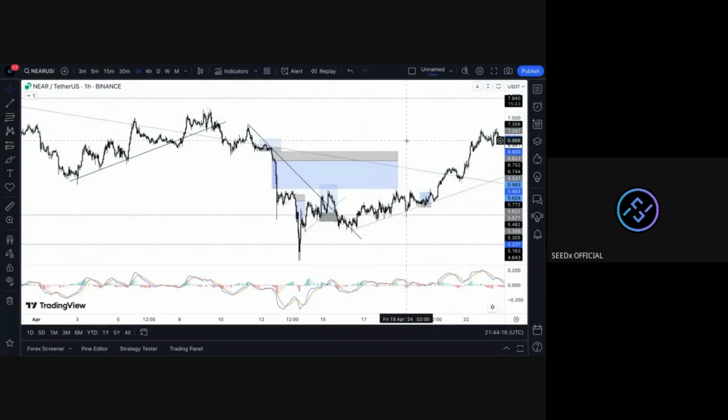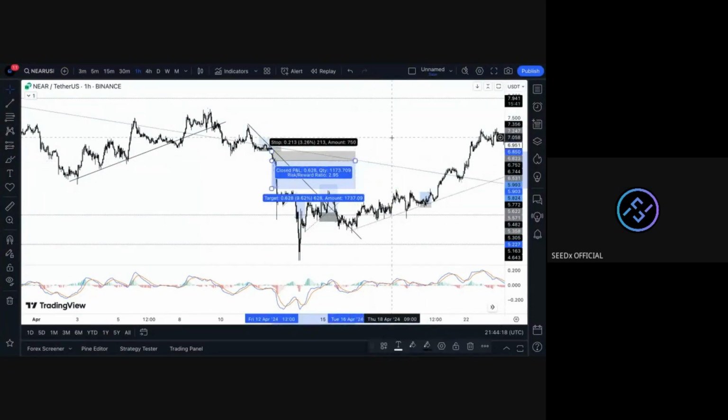You understand? So in the next class we're going to talk about entries with candlestick patterns. We're talking about the hammer, bullish harami, bearish harami, shooting star, all of that. We're going to be talking about how to make entries using that.